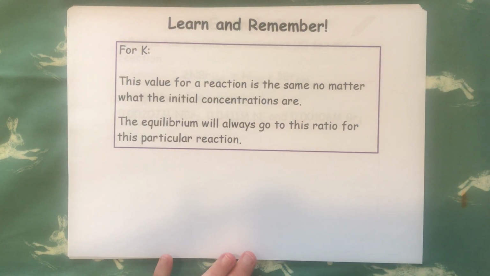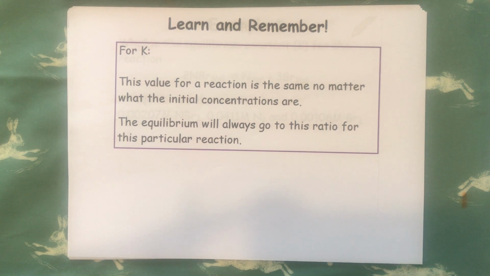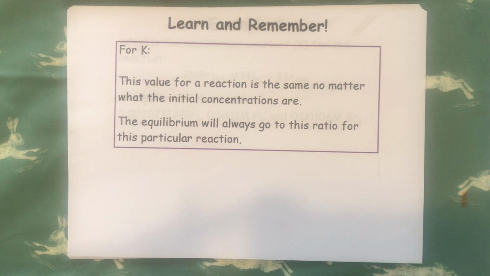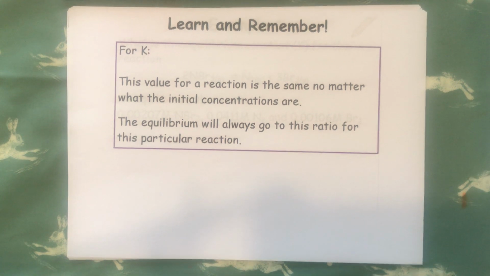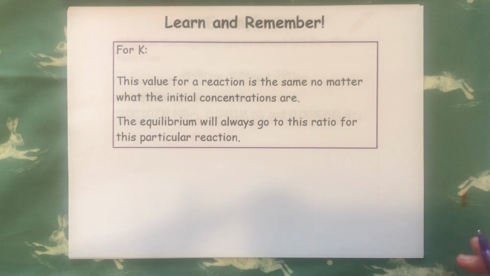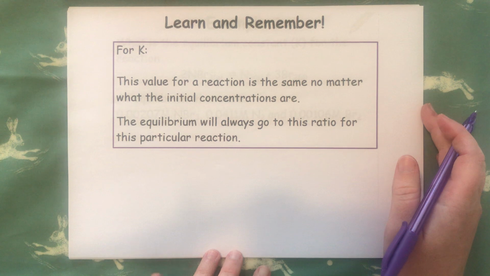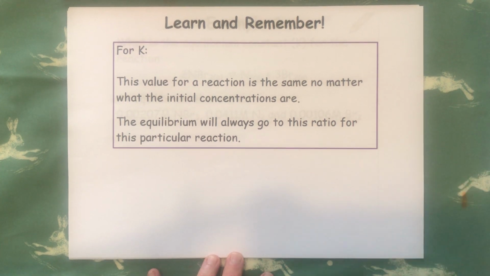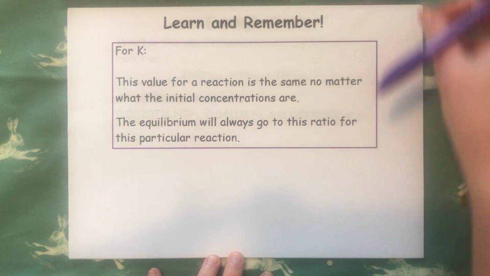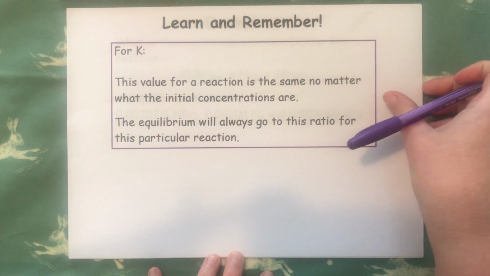Okay, so please remember this. K as a value for a reaction is the same no matter what the initial concentrations are. The equilibrium will always go to this ratio and therefore have the same K value for any particular reaction.